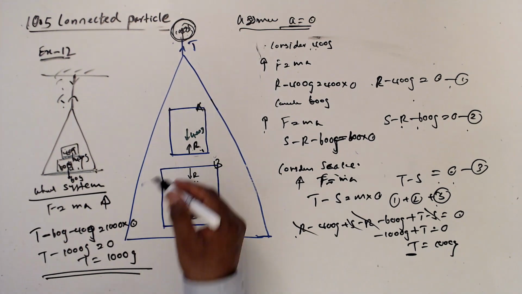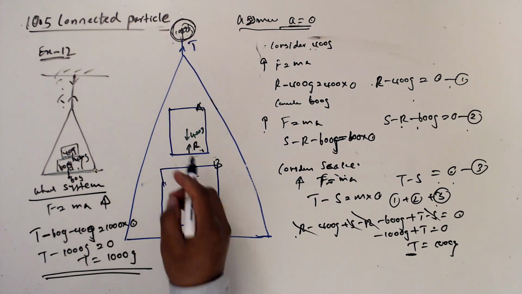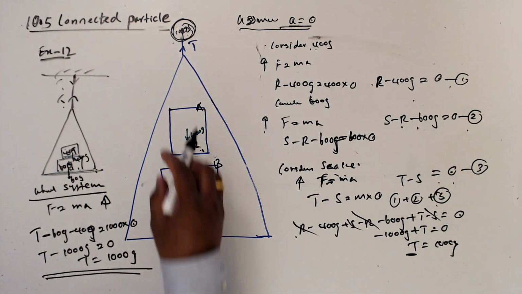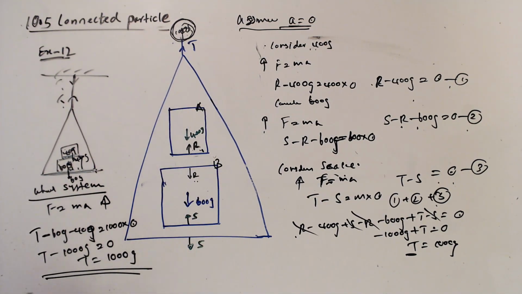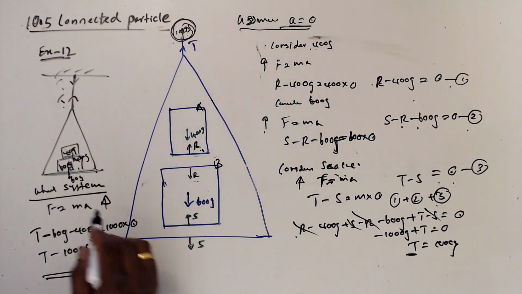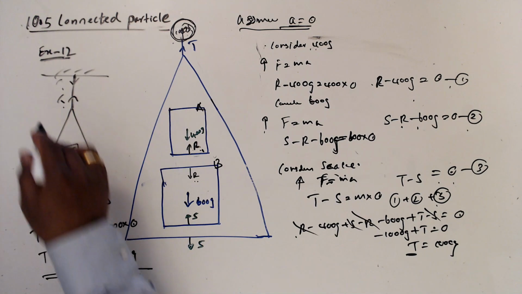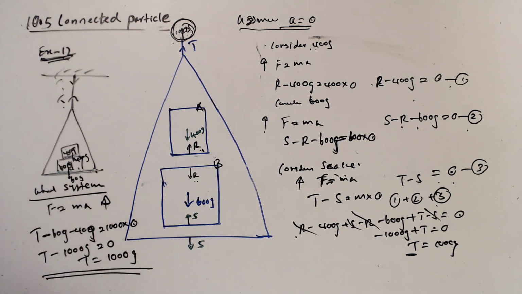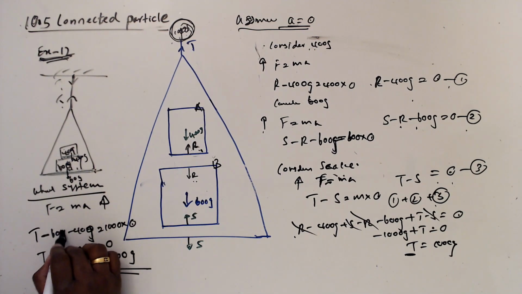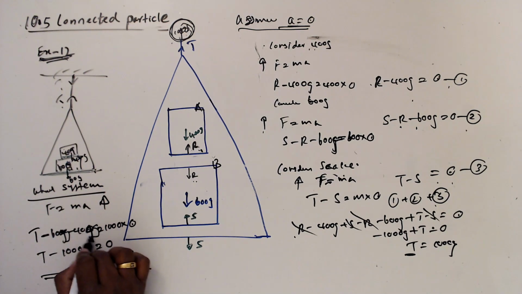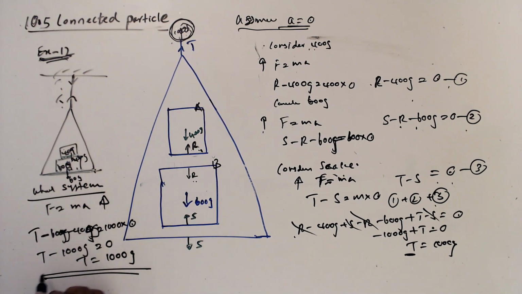In that case, you have to consider each particle and the scale separately. In this sum, I actually worked with grams. We'll work with kilograms properly when we work example 12. This is 600 g and this is 400 g, so this is going to be 1000 g.